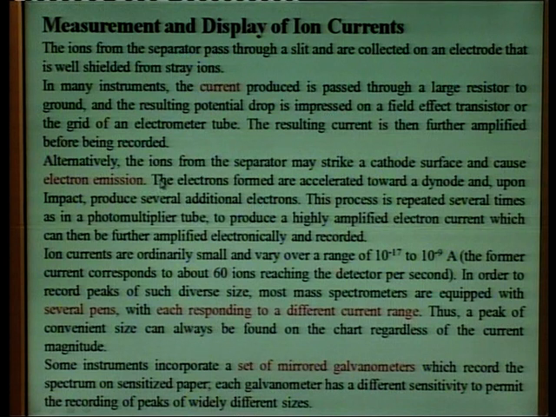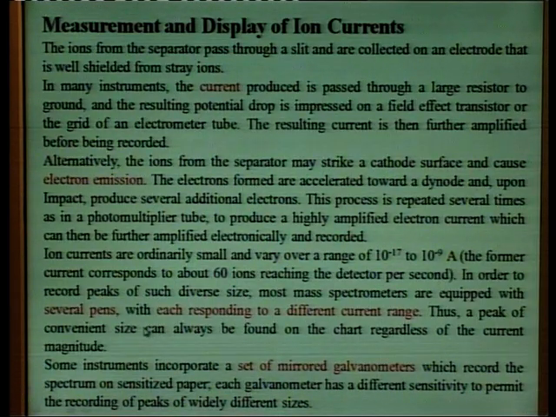Alternatively, electron emission, that is photomultiplier tubes, can be used. The ion currents are ordinarily small, in the range of 10 to the power minus 7 to 10 to the power minus 9 ampere, which is equal to about 60 ions reaching the detector per second.